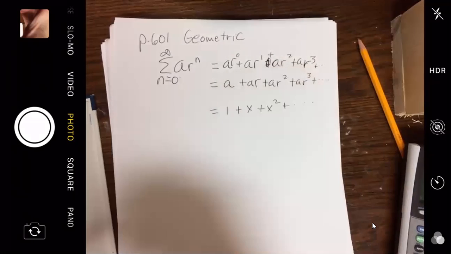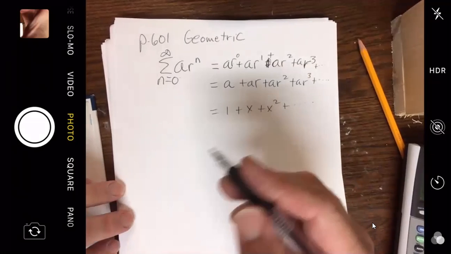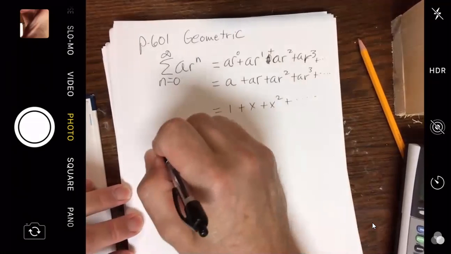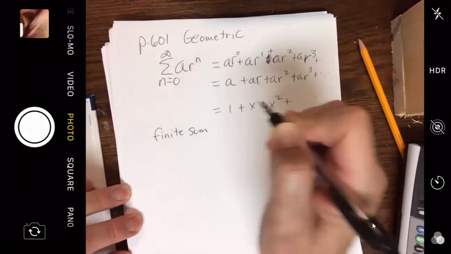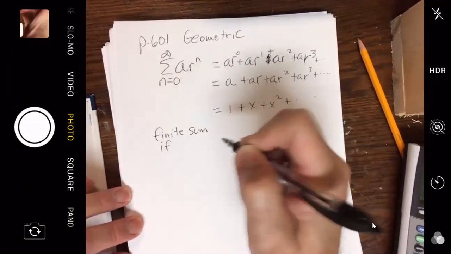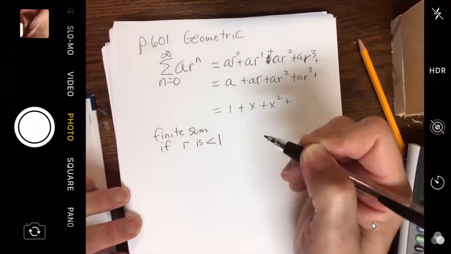Now, I'm not going to derive this online. Don't have enough time if I want to get to some examples. But this has a finite sum if the absolute value of r is less than 1. Can you tell that?